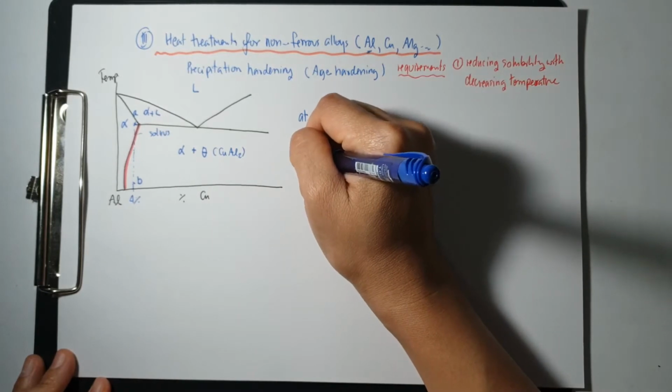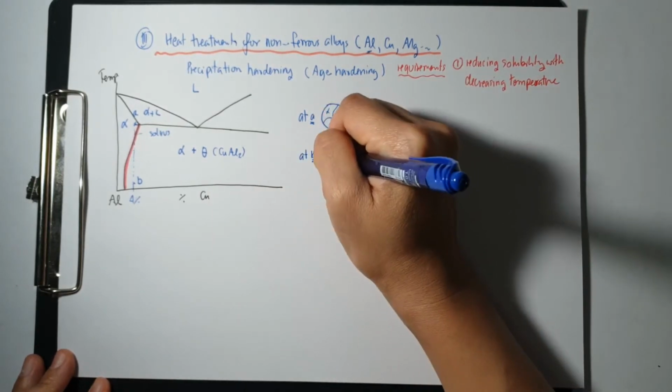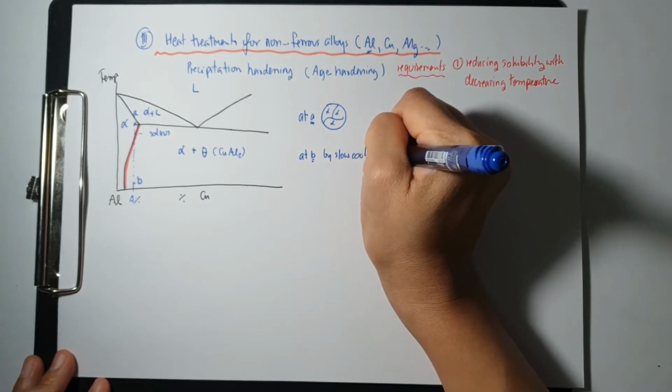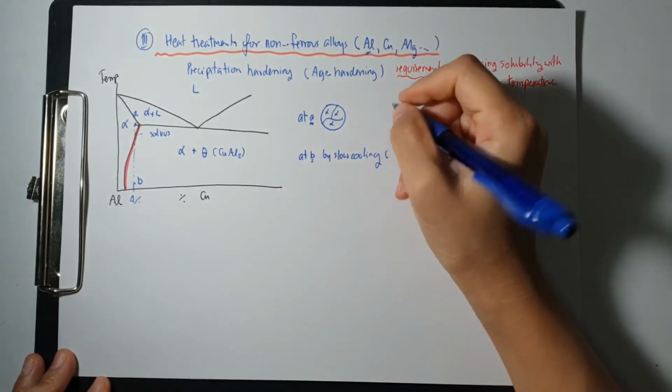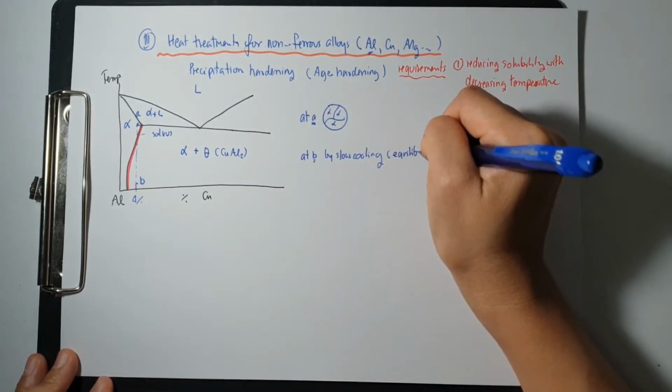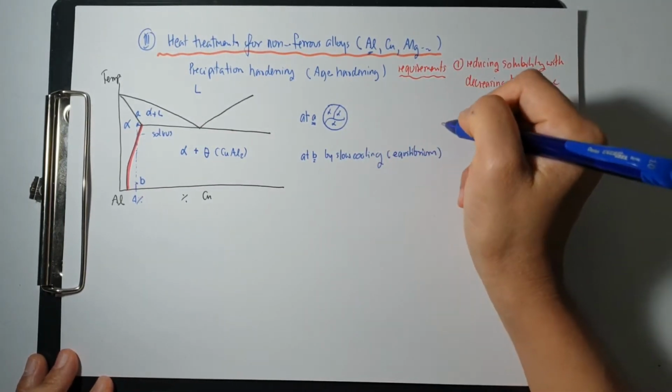If we arrive at B by slow cooling, we get into the equilibrium condition.